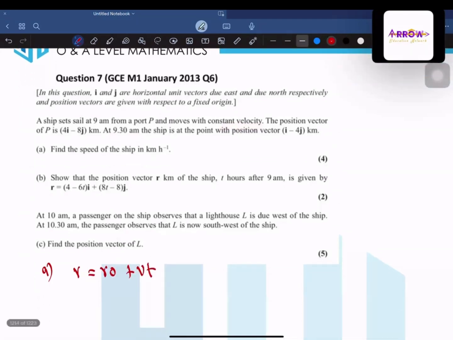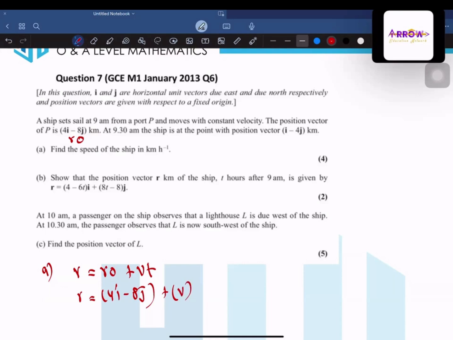Okay, so the initial position vector of the ship is basically 4i minus 8j kilometers. All right, so r naught vector is 4i minus 8j. This is the r naught vector, and the constant velocity vector we don't know. We need to find the constant velocity vector, so v is unknown.